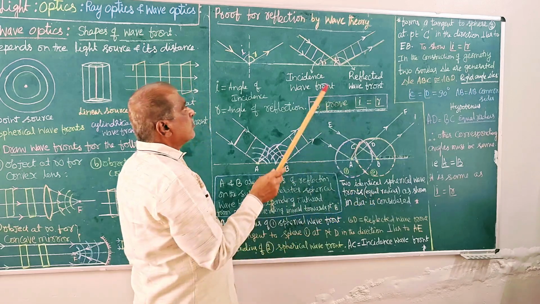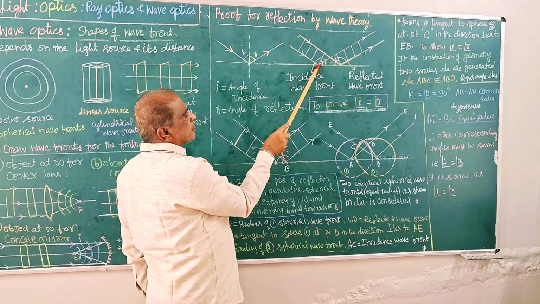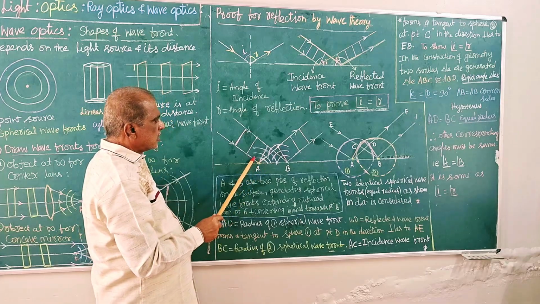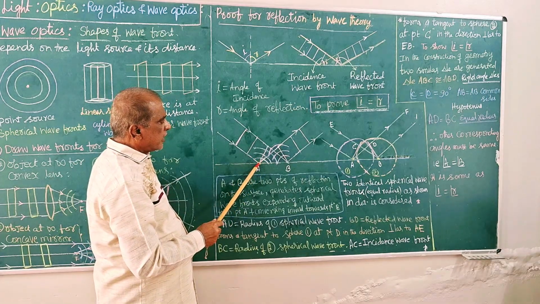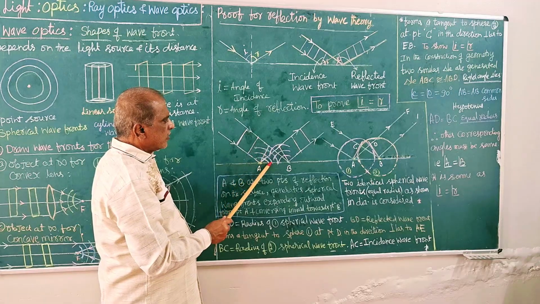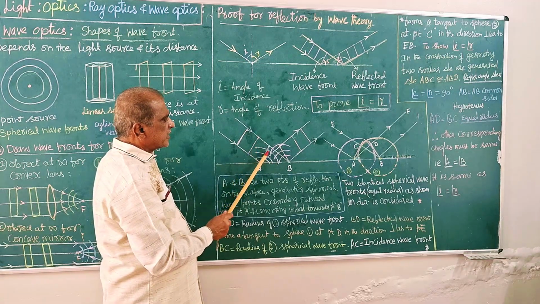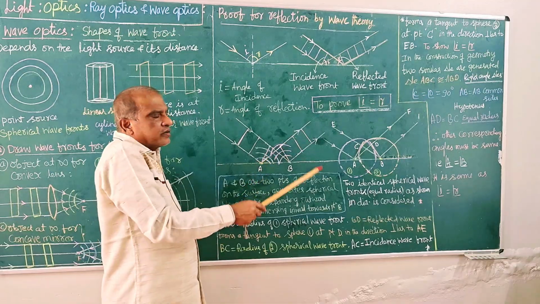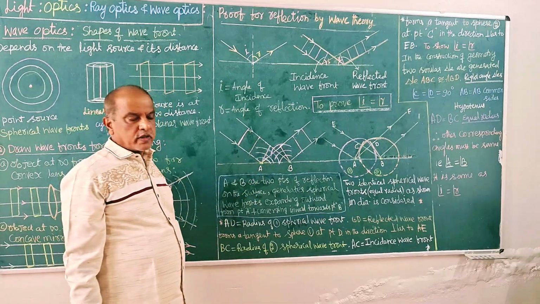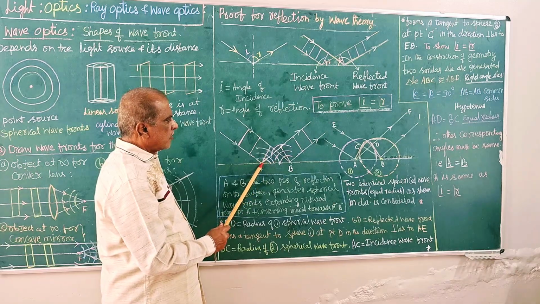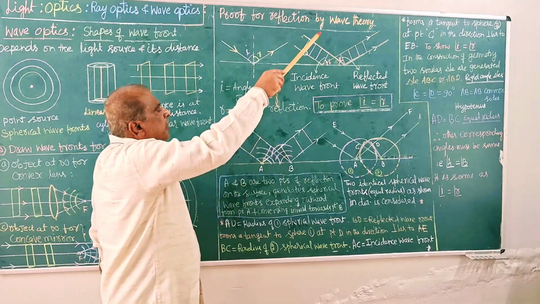Here the spherical wavefronts are generated from this point, point A. Spherical wavefronts are successively generated and expand outward. They are diverging wavefronts, moving away from this point till the point is reached.